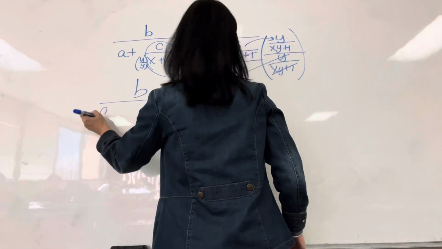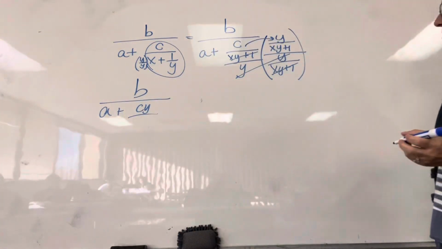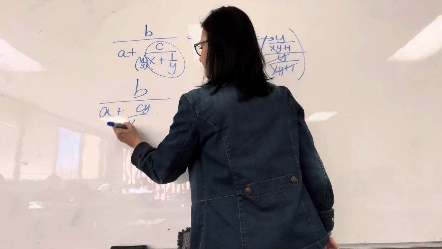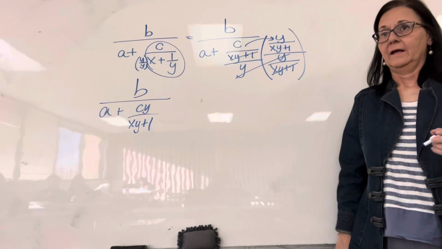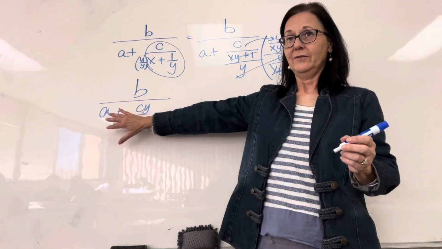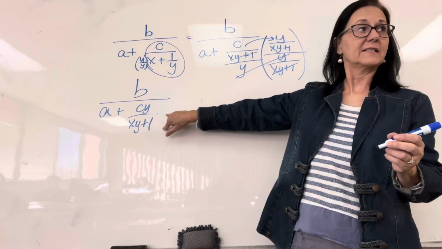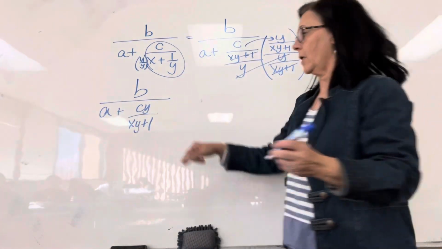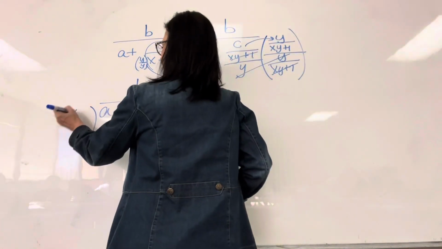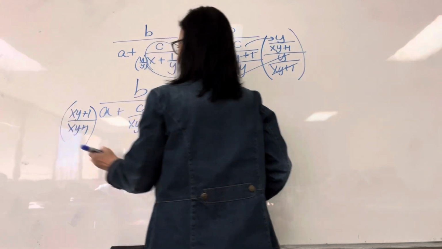So we end up with cy over xy plus 1. Again, in the denominator, we have a complex term. This makes it complex. So we're going to go to a common denominator by multiplying the a by xy plus 1 over xy plus 1.